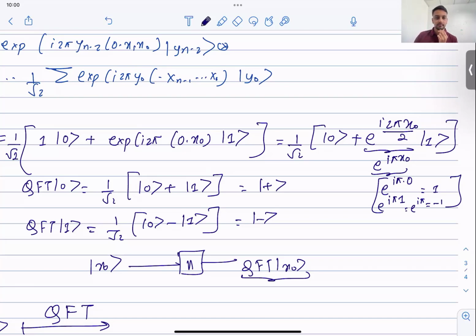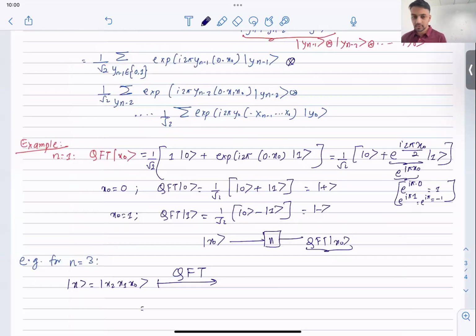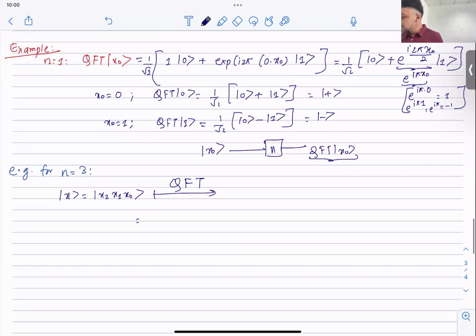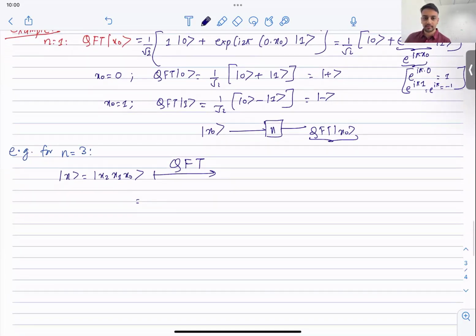Okay, very good. So in the single qubit case, it's very simple. Now let's look at the 3 qubit case, and if you understand this, then you essentially understand how QFT in general works.